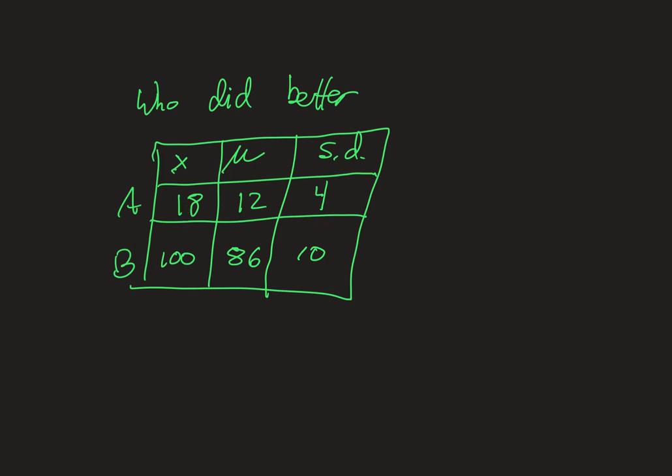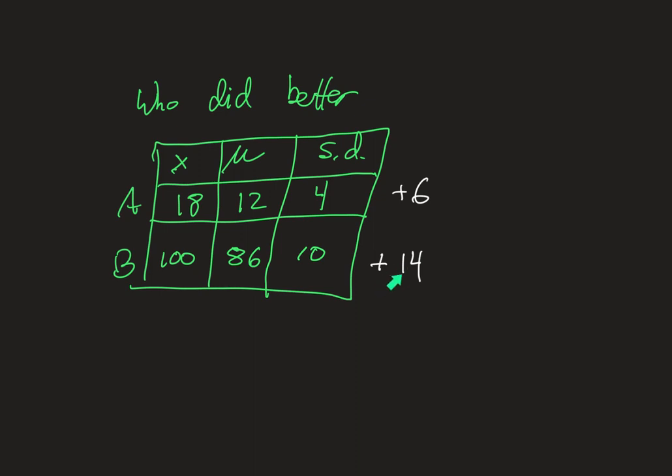So if we see this, 18 minus 12, so we have a score that's 6 more than the average. And over here we say, well, this person scored 14 greater than the average because 100 is 14 more than 86.